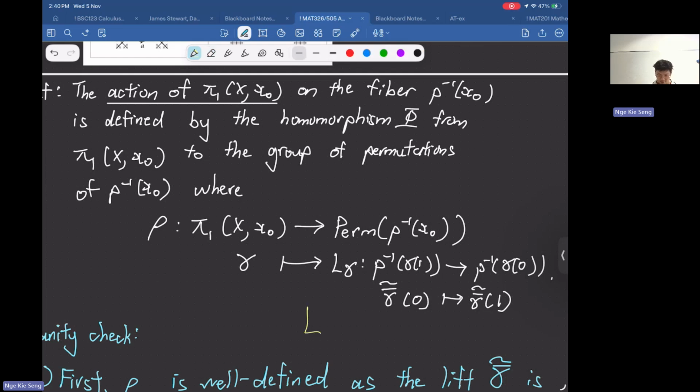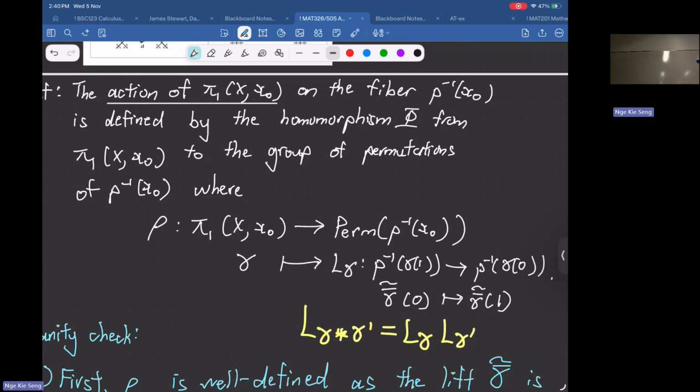This is to make sure that L of gamma star gamma prime equals L gamma composed with L gamma prime. If you do the one we did just now, then these two positions will swap. It doesn't matter, but we just keep it so that we respect the order of path concatenation. Does it make sense?